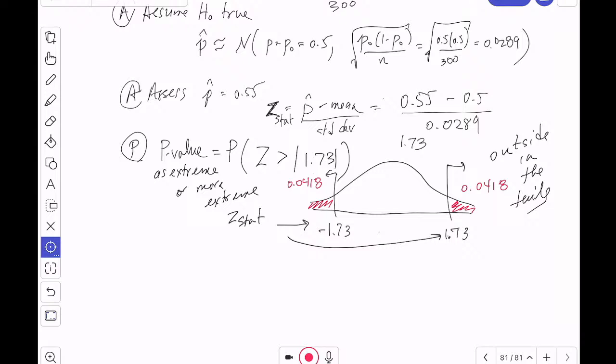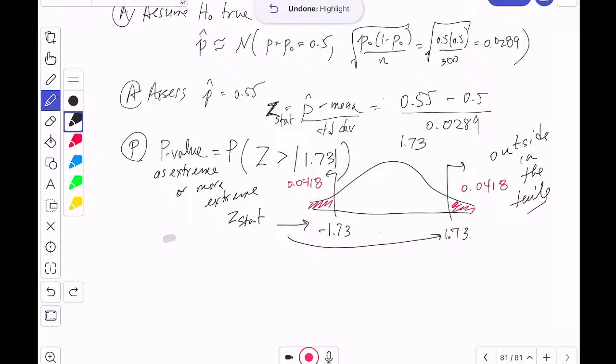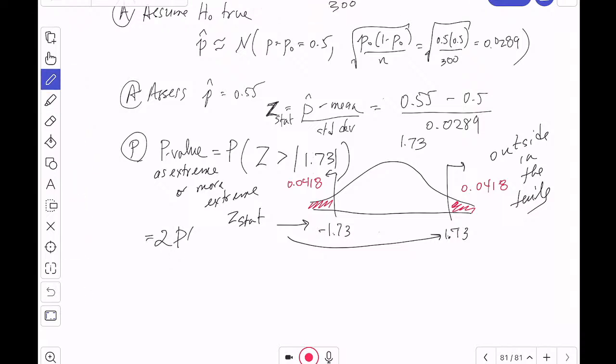Okay, so what is this? So now I have the p-value is equal to that area out there, or we write it as equals 2 times the probability Z less than negative 1.73. That's the other way to write that.